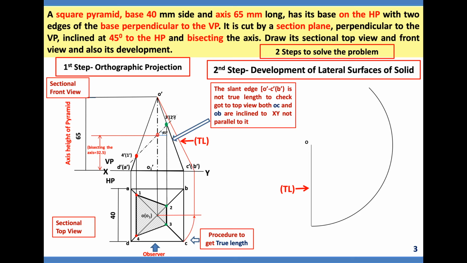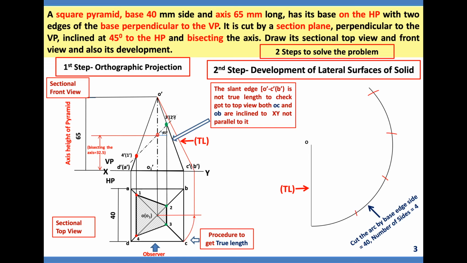Now the object is a square pyramid which has 4 edges. Side size equal to 40. Set the compass equal to 40 mm. Cut the arc by the base edge sides equal to 40. Number of sides 4: 1, 2, 3, 4. We have made 4 cuts of the arc.